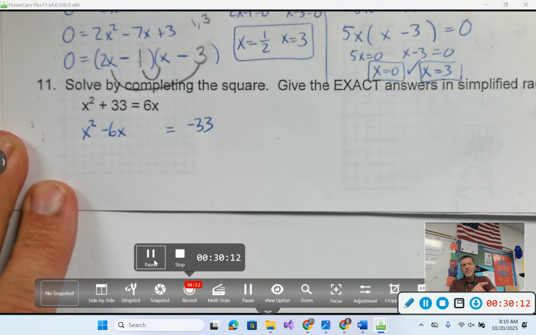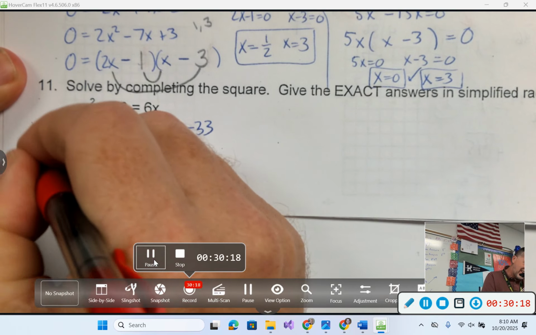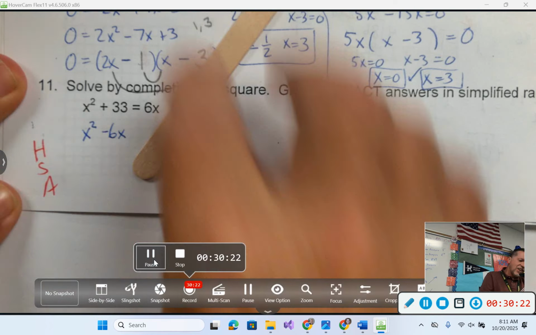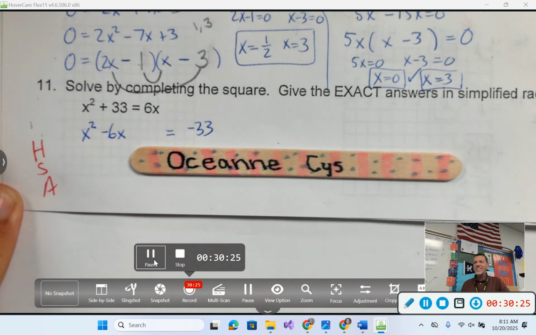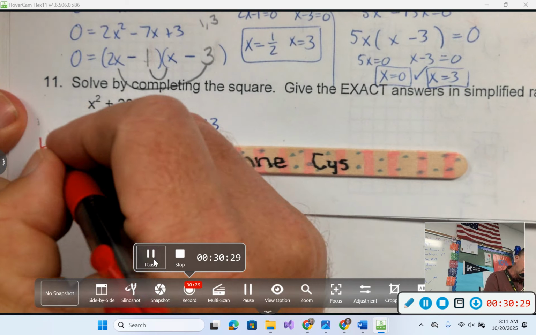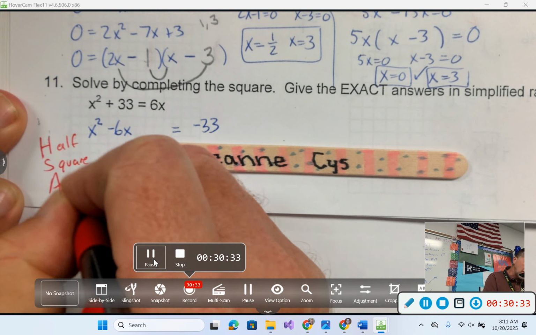And then, Corinna, you listed the steps earlier for a different problem. HSA. Ocean, what does HSA stand for? It's no use memorizing HSA if you don't know what they mean.